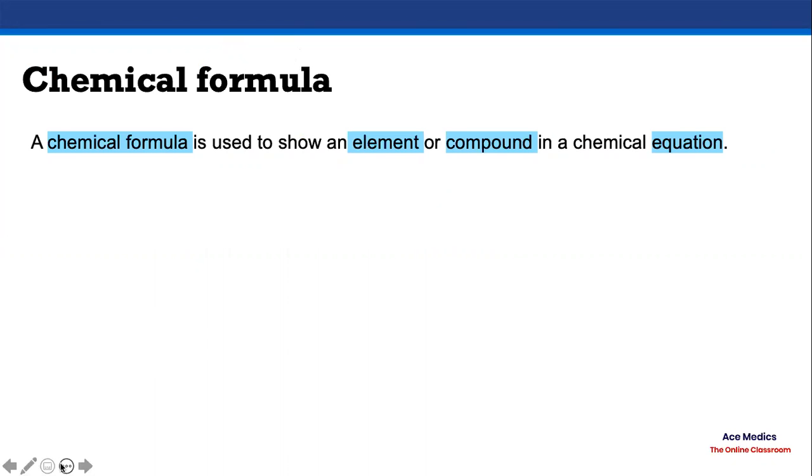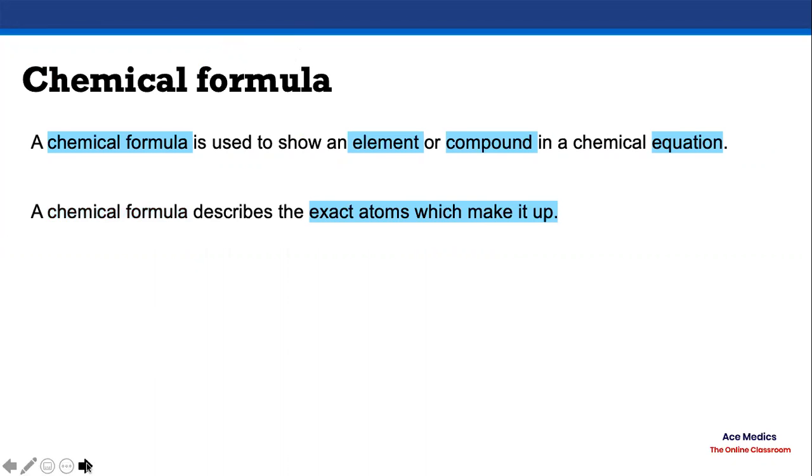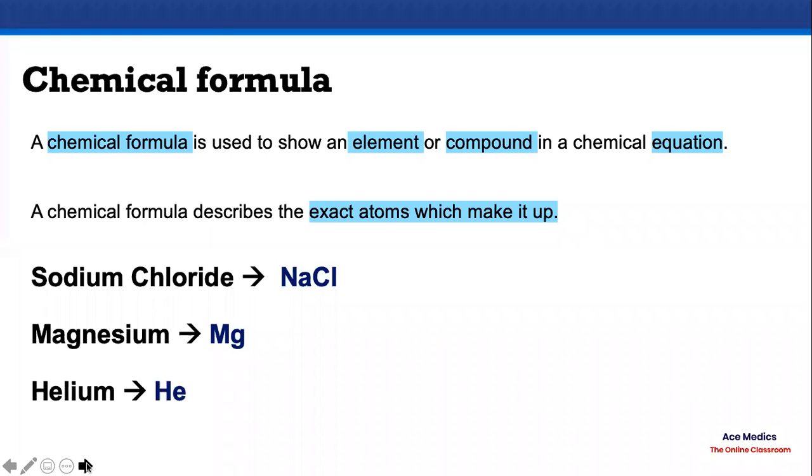A chemical formula is used to show an element or a compound in a chemical equation. An element is just one atom. So for example, in the case of magnesium, this is an example of an element. Okay, so magnesium is an example of an element.